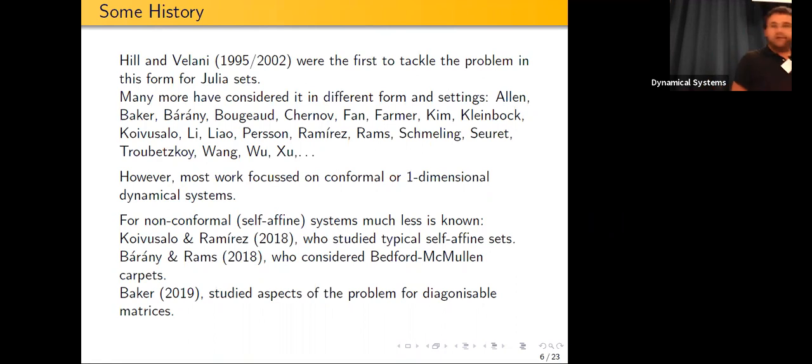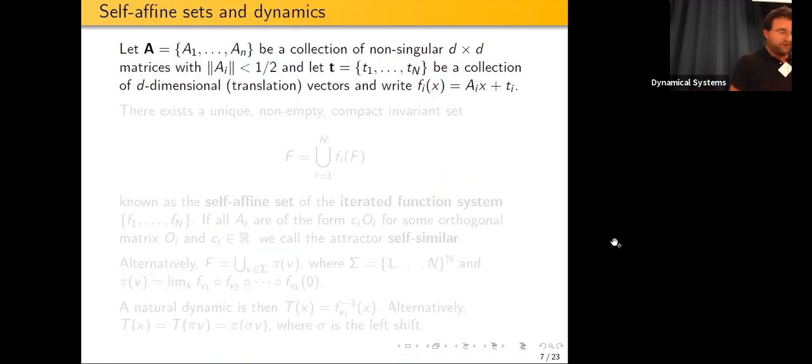setting. All right, so what's a self-affine set? Well, a self-affine set is an invariant set under some dynamical system, under some maps. What you do is you take a finite number of maps, and you take a bunch of non-singular D by D matrices, with dimension D. They might have to satisfy some norm conditions so that they contract enough.